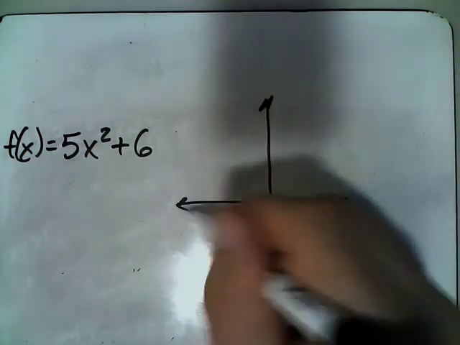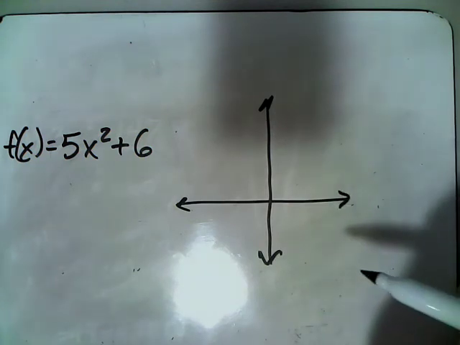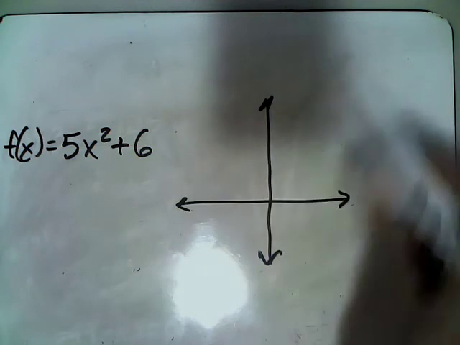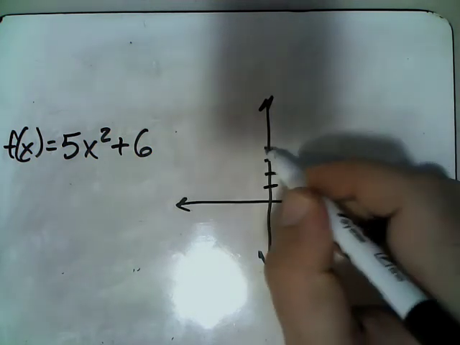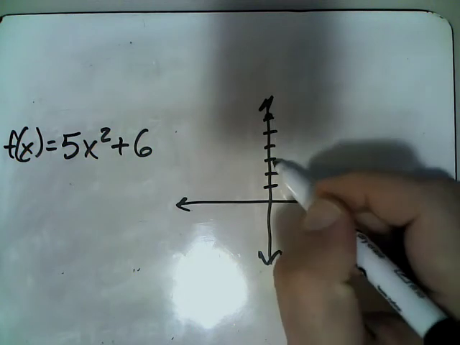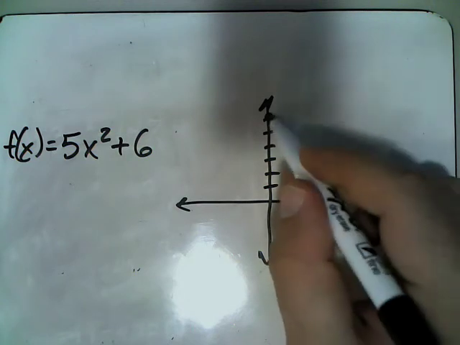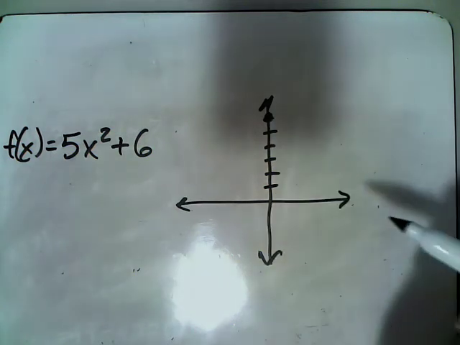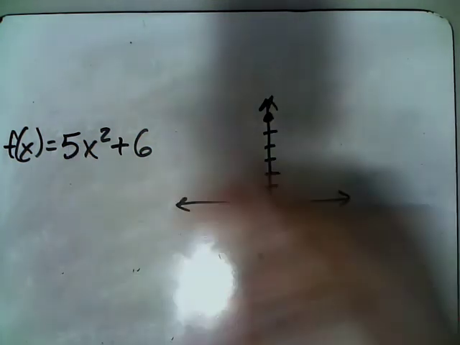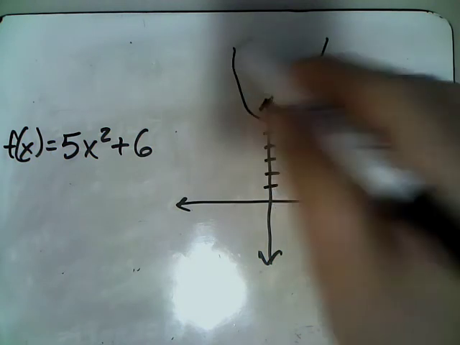And actually, I don't have to do much to figure out what's going to happen here. Because again, I'm actually going to have the same axis of symmetry because I don't have a b. So I come up here to 6 for my vertex. Because this is positive, it's going to open upwards.